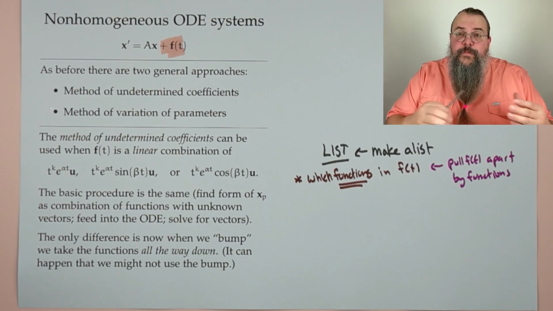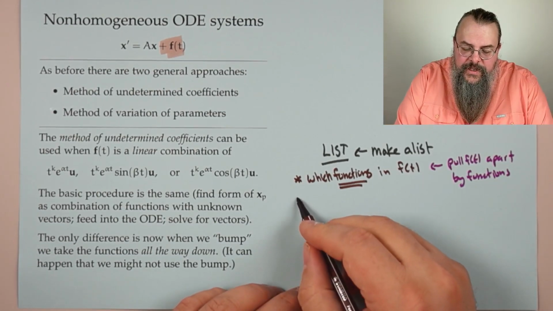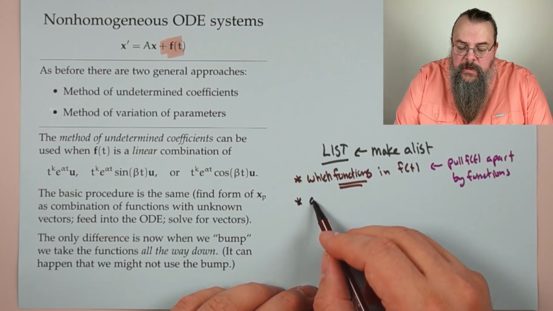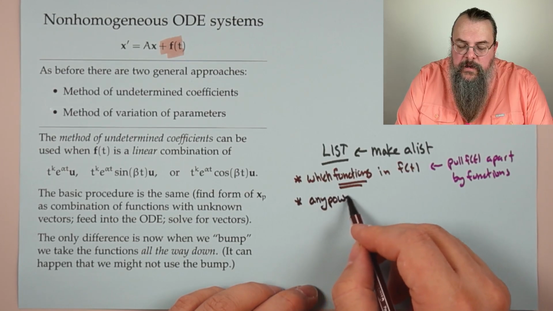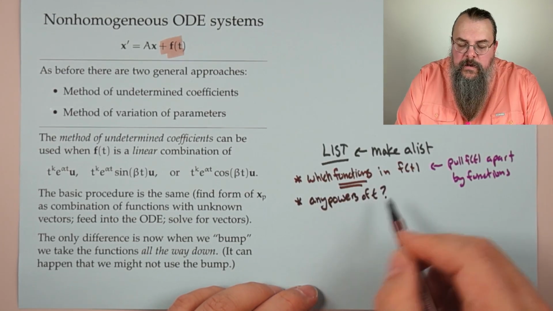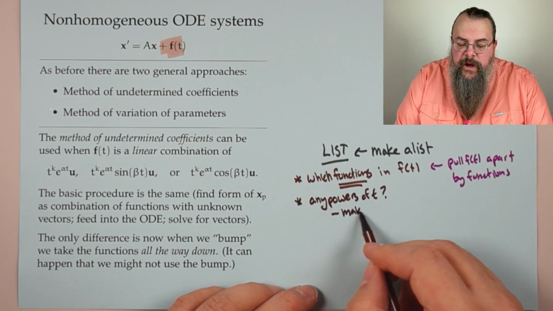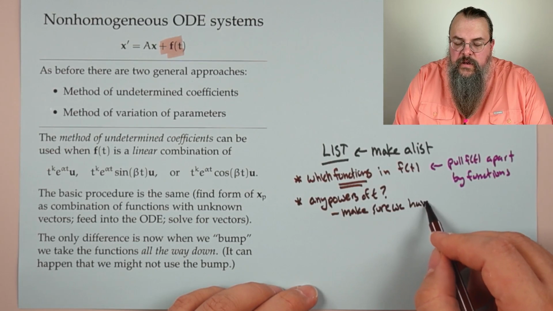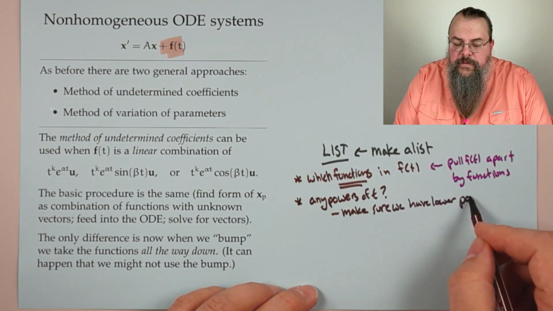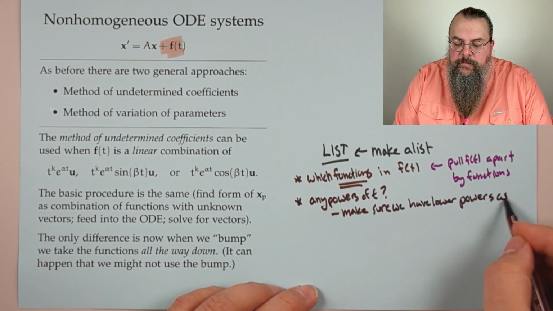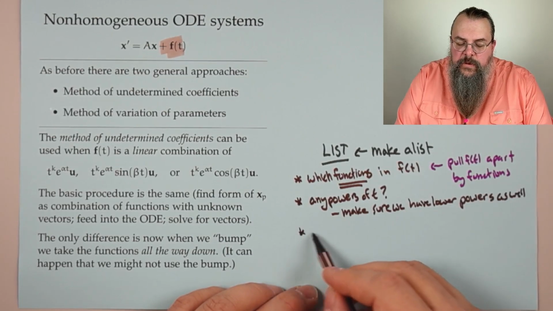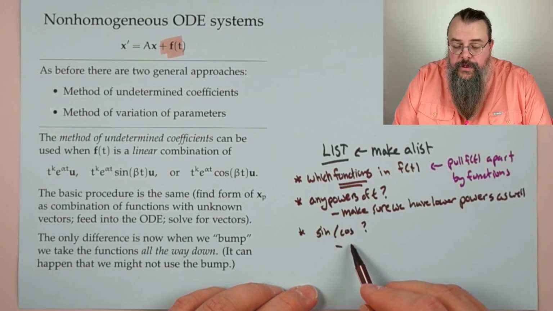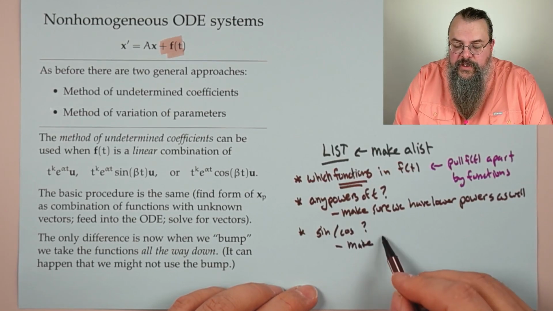And we start. All right, so are there powers of t? And if there are, then make sure we have the lower powers. That's the first thing we check on our list. If we don't have them automatically, we add them. Do we have sine or cosine terms? Well, if you do, make sure they come in pairs.